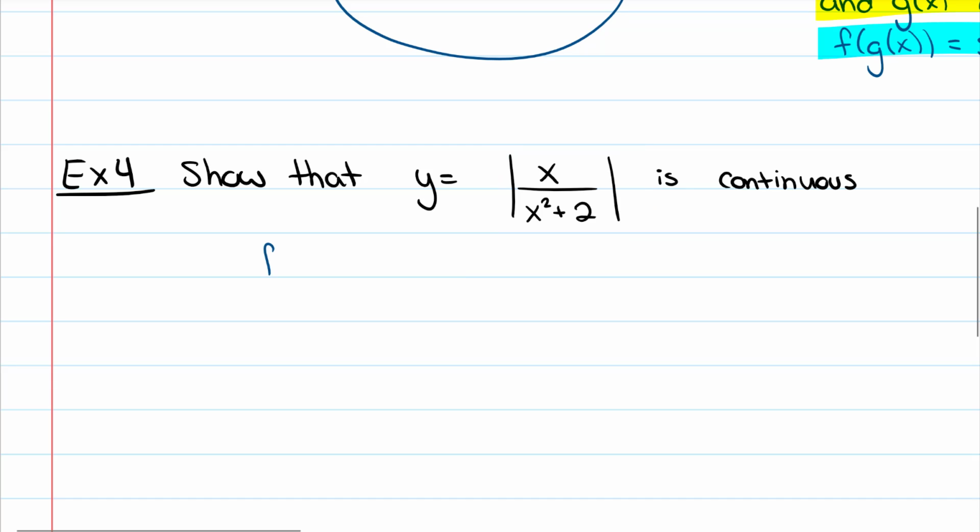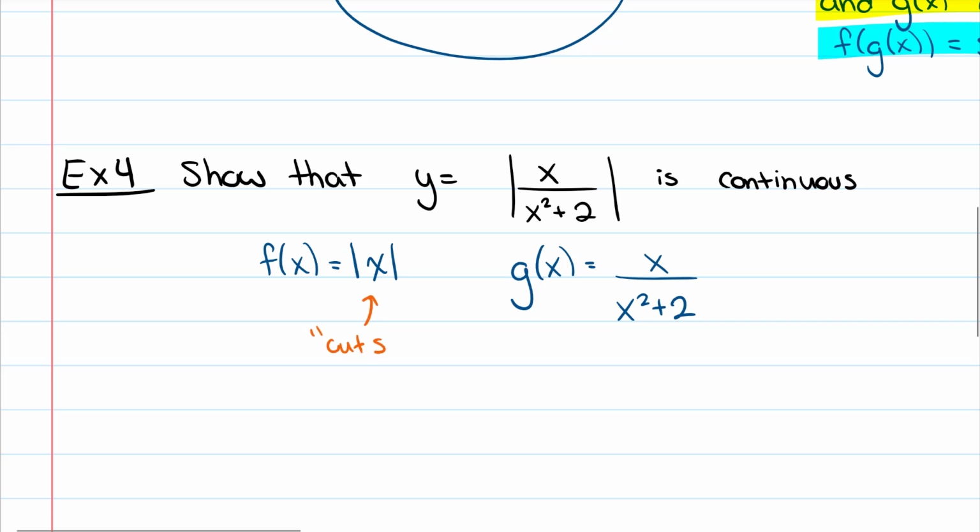So I'm going to say f of x is equal to the absolute value of x. And g of x, then my inside function, is going to be x divided by x squared plus 2. So this is the outside. And this is the inside function.